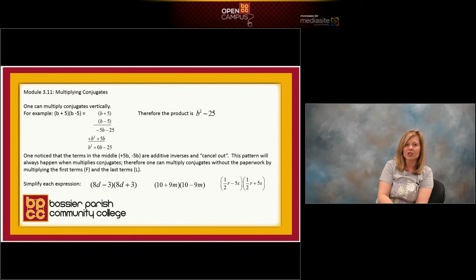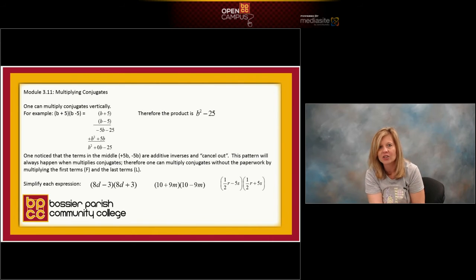Well, that's the great thing about multiplying conjugates. When you multiply conjugates, you're guaranteed 100% that the middle column is going to cancel out, which means you can multiply conjugates in your head, because all you're really multiplying is who's first and who's last.